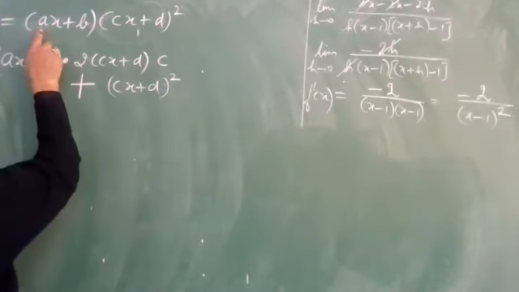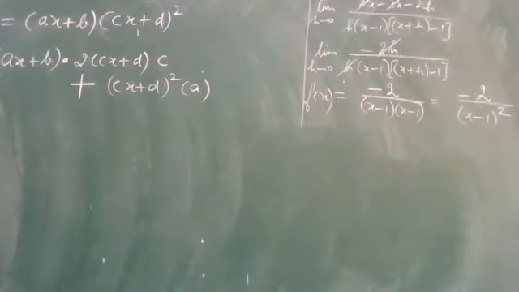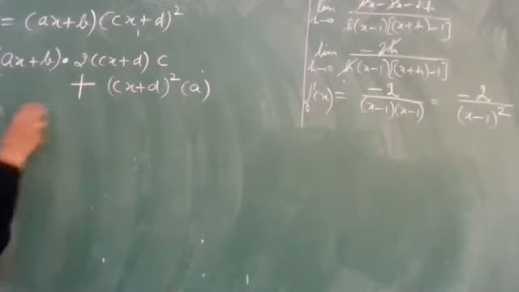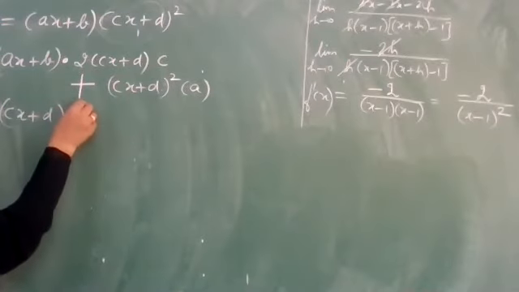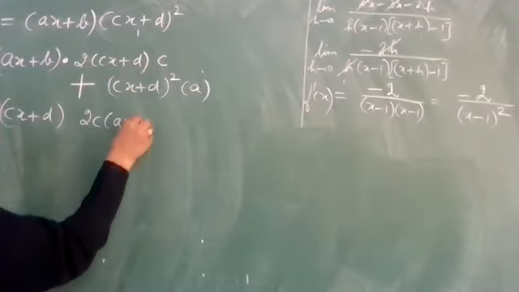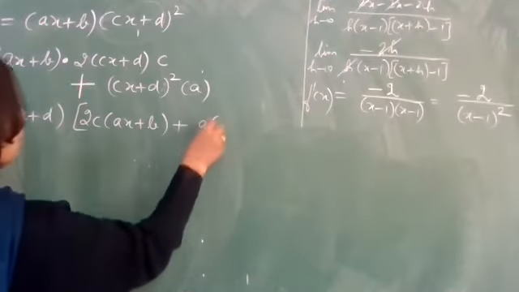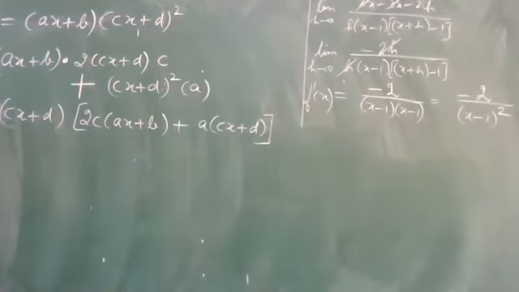Derivative of first. So derivative of ax plus b is a. Now we can simplify these terms, that is, we can take some factors common. So (cx plus d) is common. Let's take it common and we are left with 2c into (ax plus b) plus a into (cx plus d). No need to further expand this.